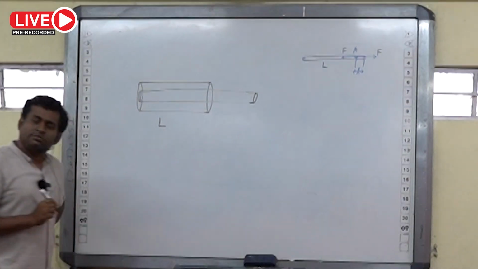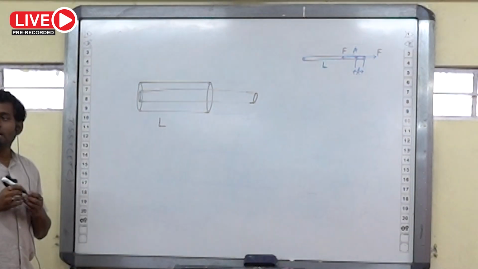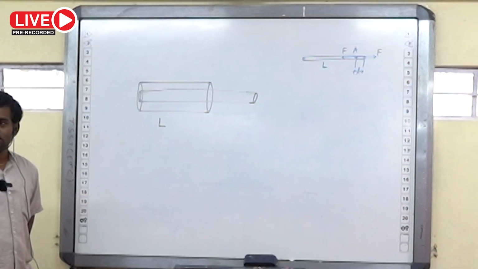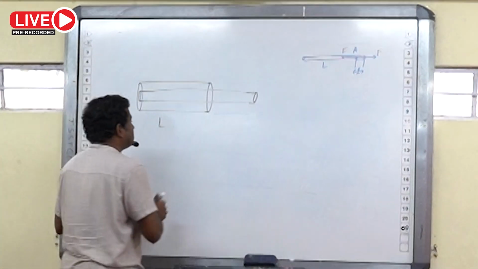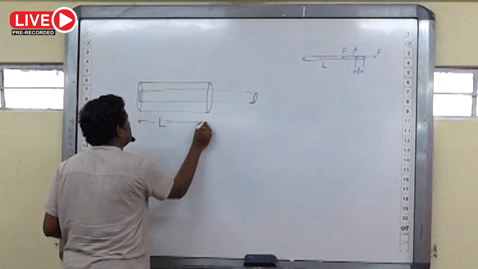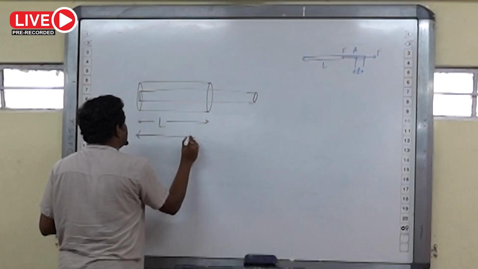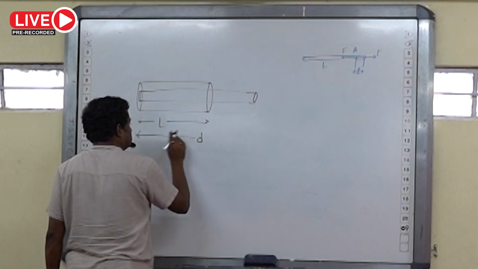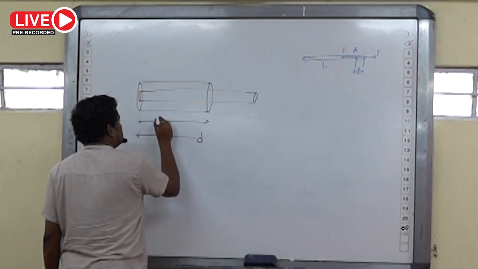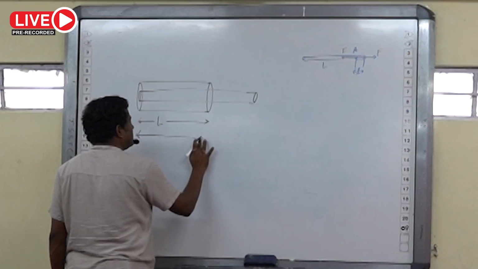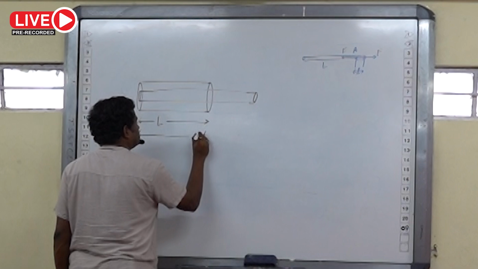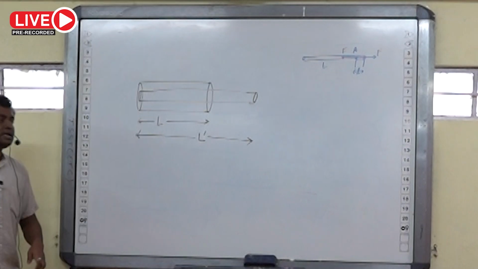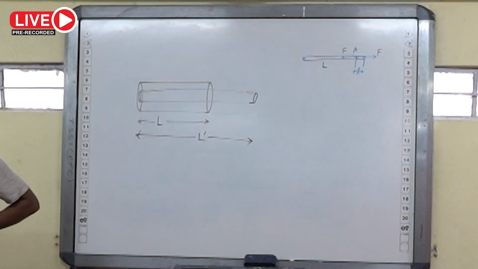Length is increased by a certain amount, and on the other hand diameter is going to decrease. So let us consider the previous length is L, the new length is defined as L prime. New length is defined as, not the increase. I define here the new length is L prime.